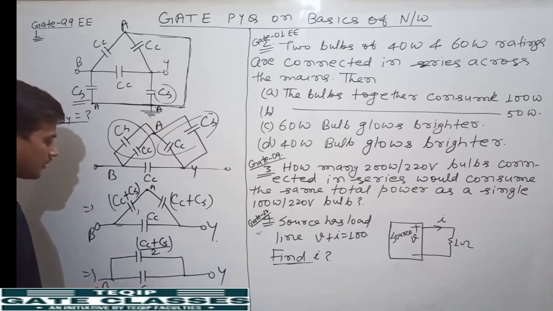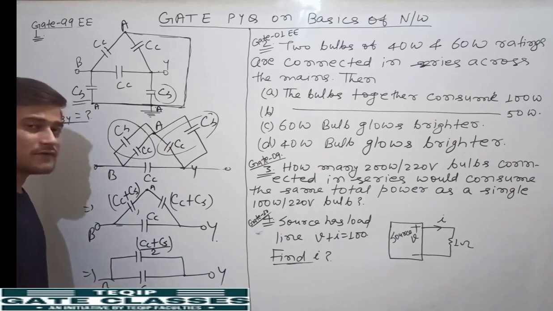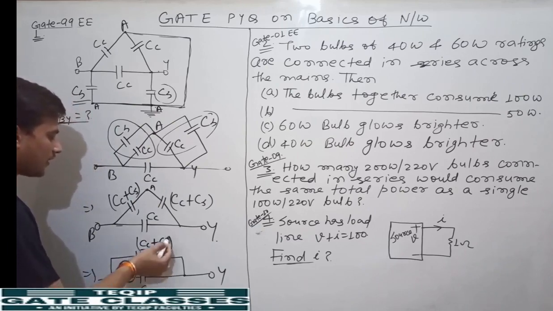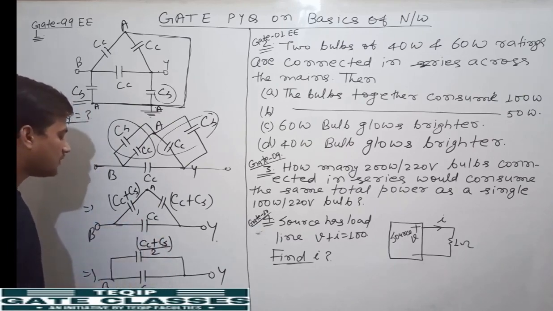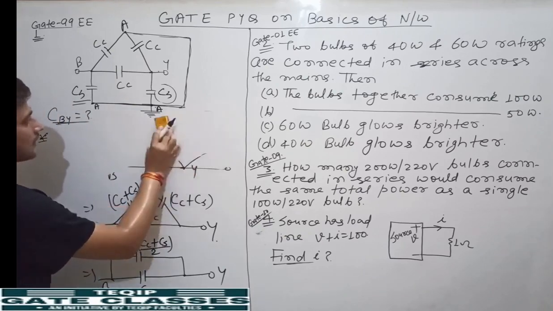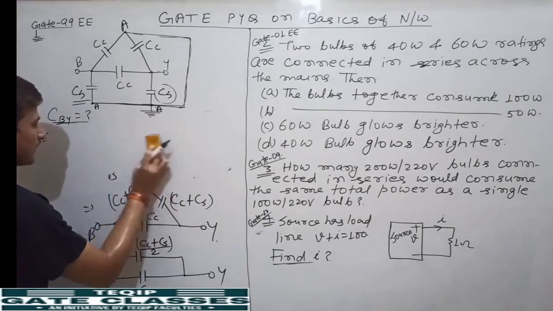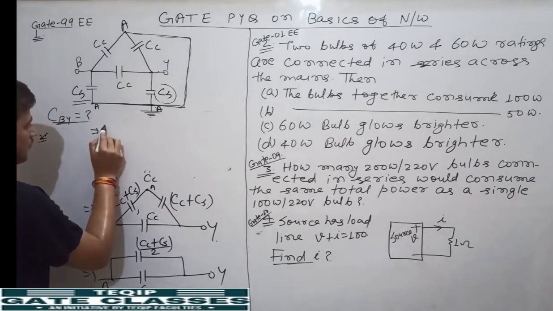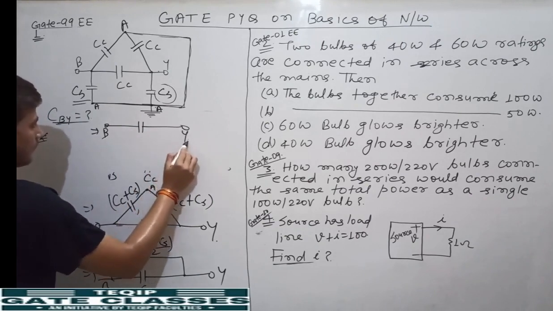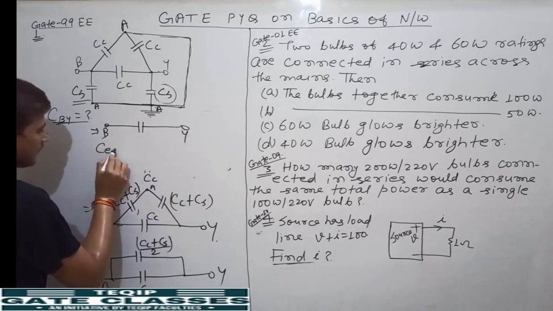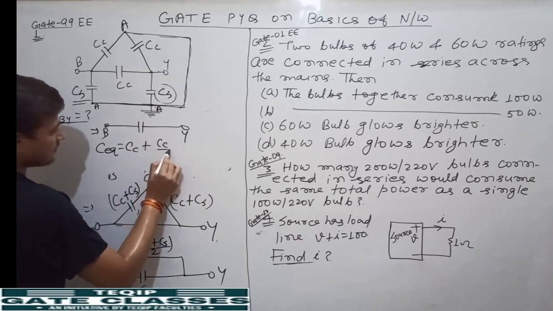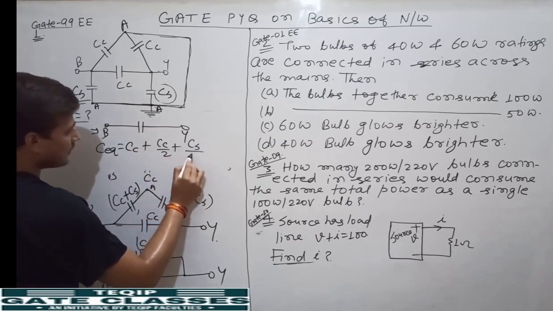Now you have to find the equivalent capacitance. So here these two branches are connected in parallel. So when these two branches are connected in parallel, what will be the value of equivalent capacitance? Between B and Y, C equivalent will become equal to CC plus CC by 2 plus CS by 2.